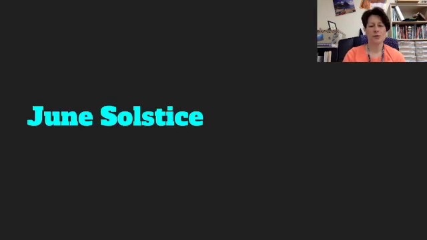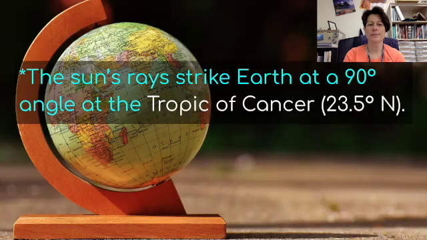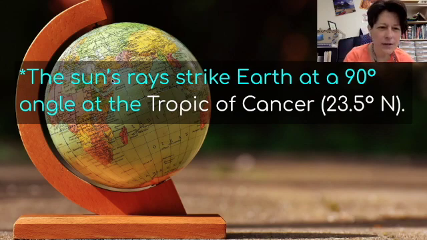Now, a lot of times we call them the summer solstice and winter solstice. I am not doing that, because the seasons are flipped for the northern and southern hemispheres. It depends on which hemisphere you're in. So I'm going to call it the June solstice. For the June solstice, the sun's rays strike Earth at a 90-degree angle at the Tropic of Cancer, so it's as if the sun is off to the left here. The Tropic of Cancer is this dashed line.